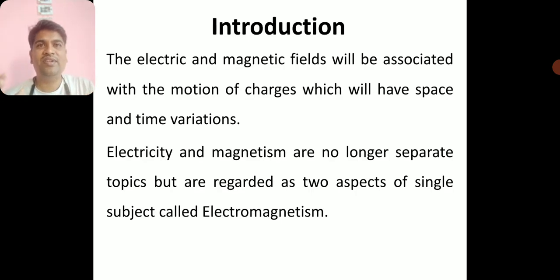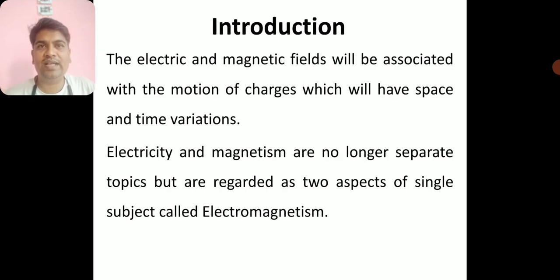The interaction of electric and magnetic fields, their interaction with other objects, and the influence of other objects on these fields can be successfully explained by Maxwell. So he established 4 important equations.